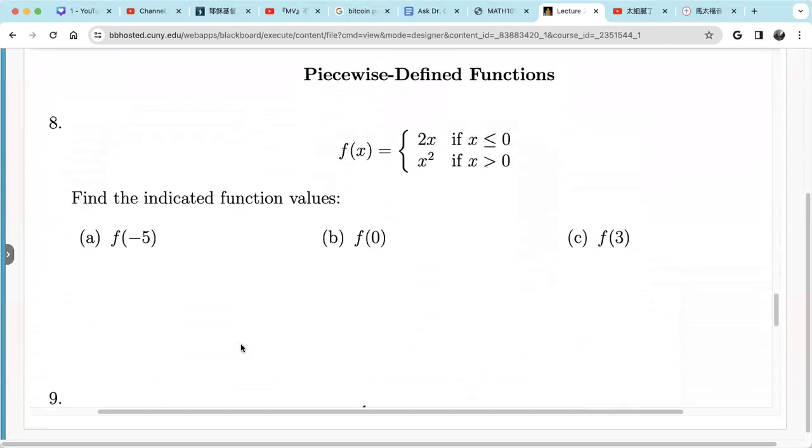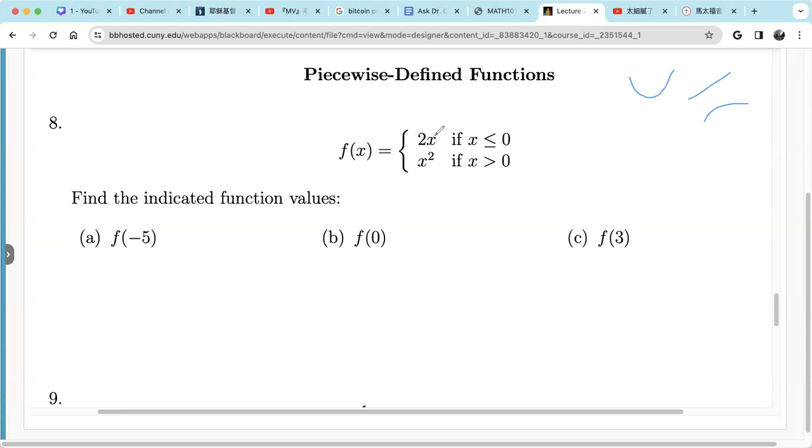Now let's see piecewise functions. Why is it called piecewise? Because we have 2 pieces. You see, before, the function only had 1 piece. If it's quadratic, it's 1 piece of string. Or linear, 1 piece of string. Square root, one piece of string.